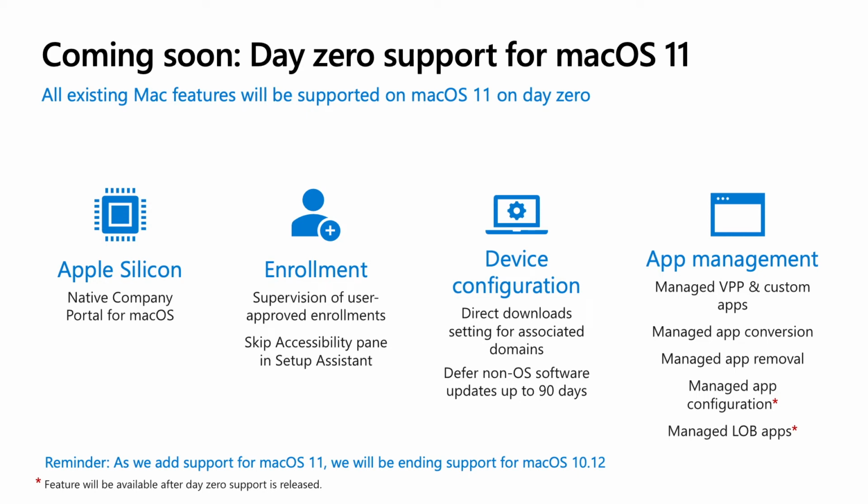You will be able to configure this new setting on a per app basis. We know that IT always strives to have control over the timing and delivery of software updates. We already had the ability to defer OS updates, but now we have added the new restriction that allows the ability to defer non-OS software updates on supervised Macs.